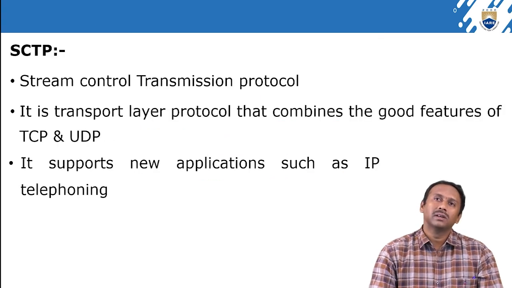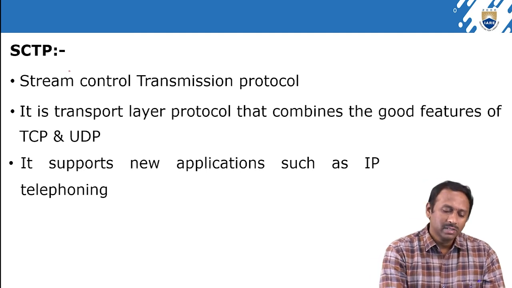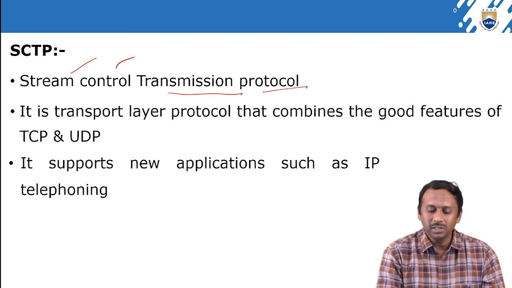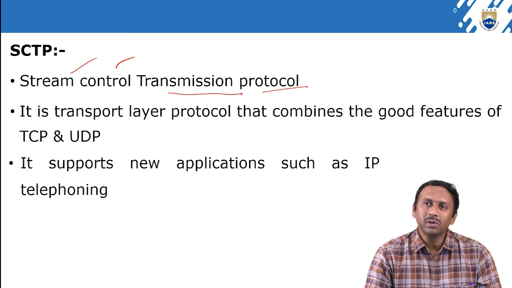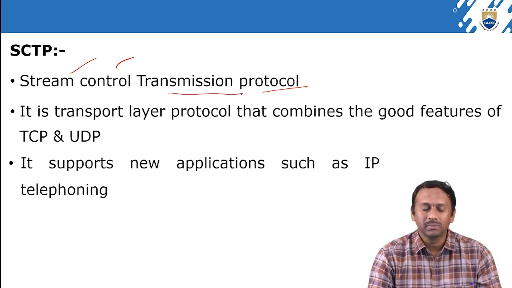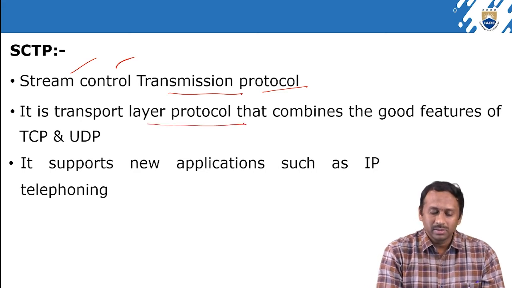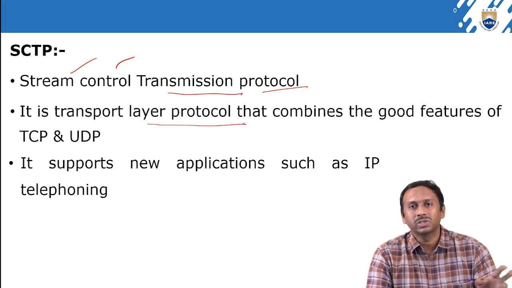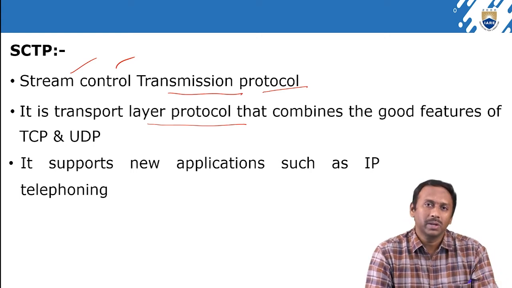The next important one is the SCTP protocol. SCTP means Stream Control Transmission Protocol. It is a transport layer protocol that combines the good features of TCP and UDP. Please note, it's very important. In the figure I have mentioned only TCP and UDP.